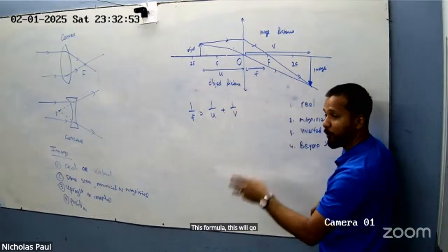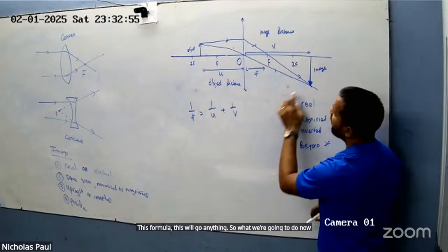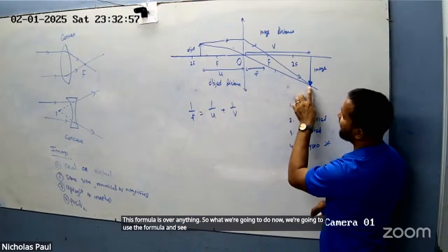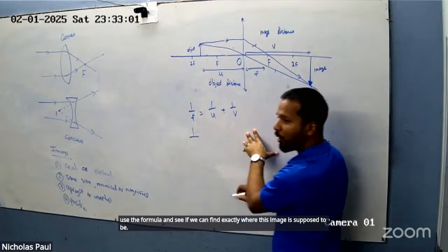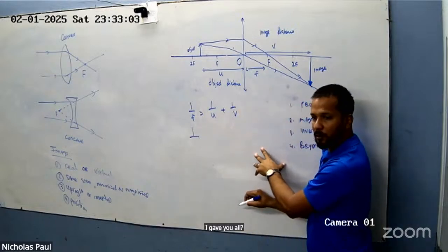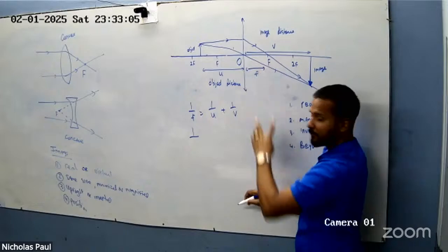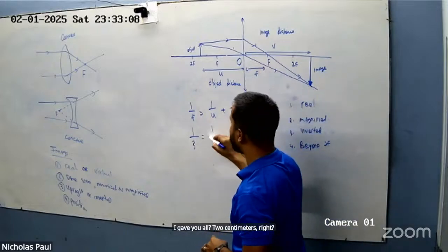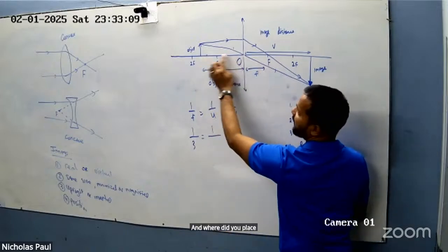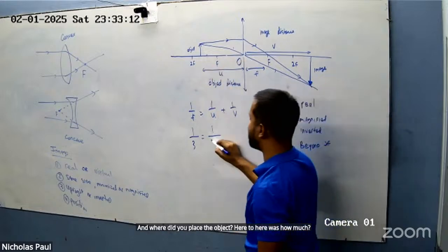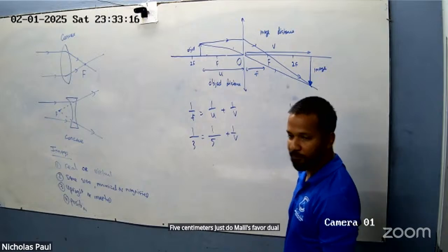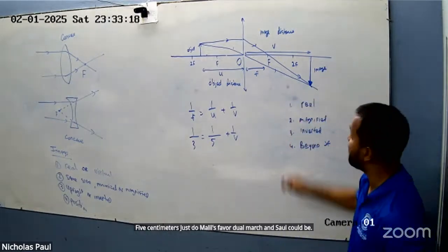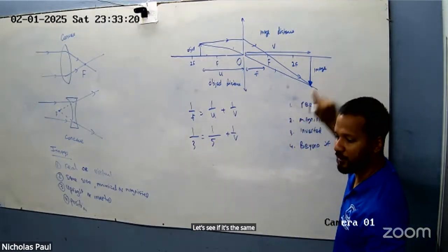So what we're going to do now is use the formula and see if we can find exactly where this image is supposed to be. What was the focal length I gave you all? 3 centimeters, right? And where did you place the object? Here to here was how much? 5 centimeters. Do a little maths and solve for me. Let's see if it's the same answer that you all got here.